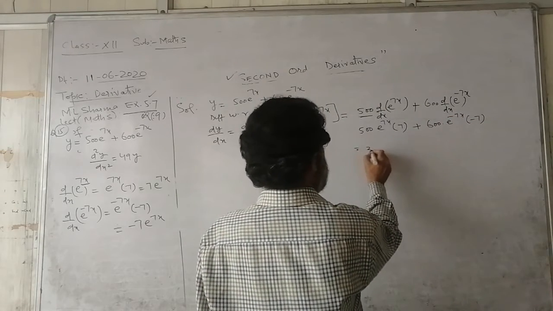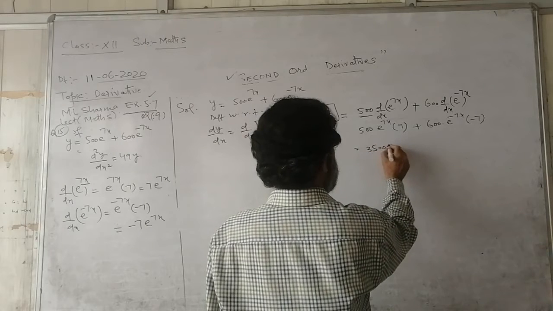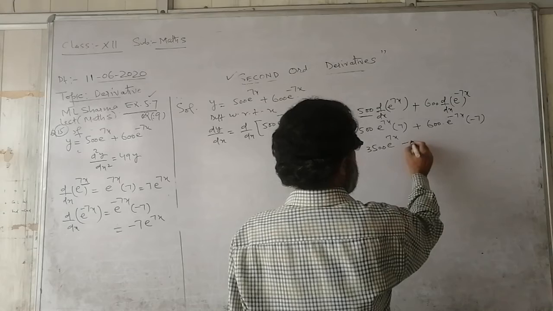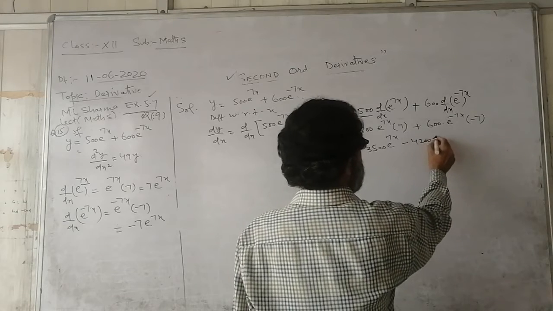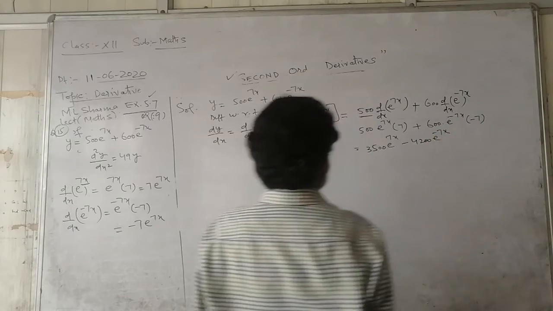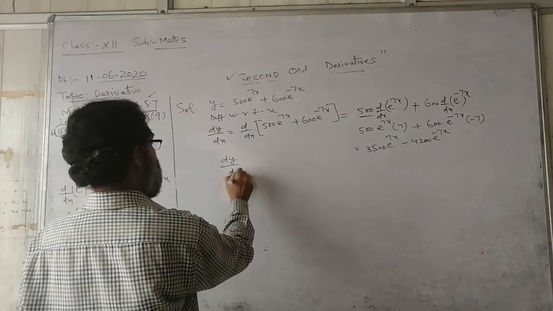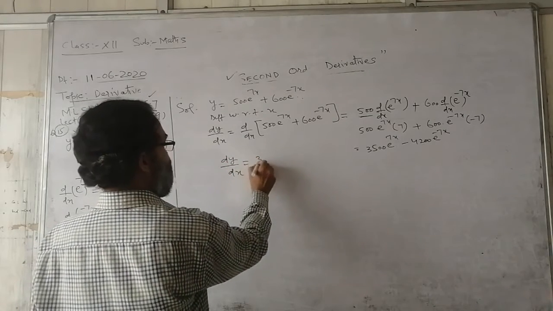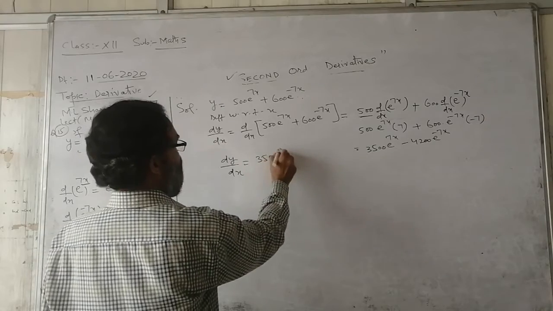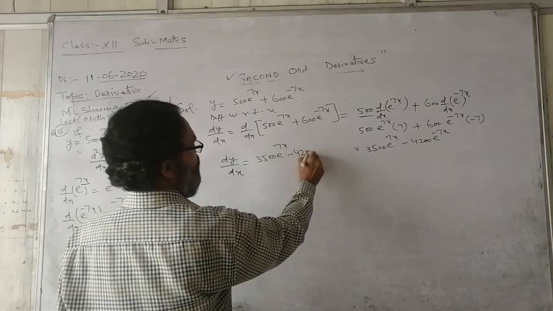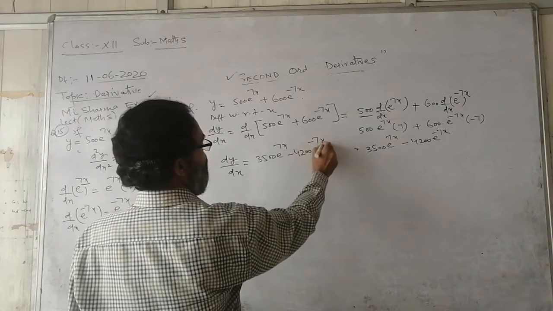So this will be 3500 e raised to power 7x minus 4200 e raised to power minus 7x. So this is the value of dy upon dx.